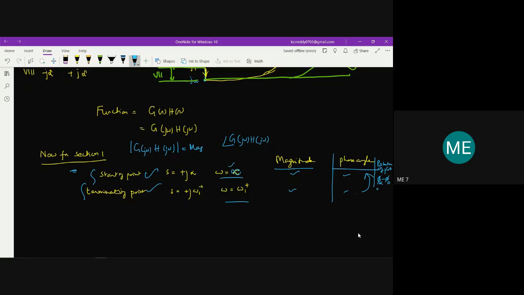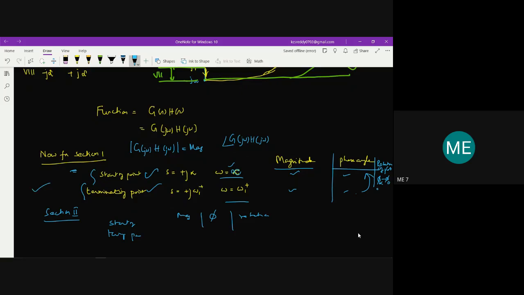Now for section 2. Once again, we find the starting point and terminating point. Then we'll find out the magnitude, then the phase angle, then the rotation of the plot as usual.